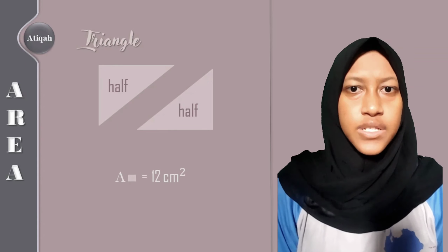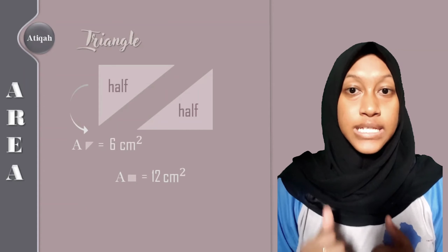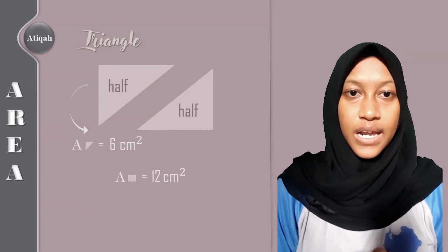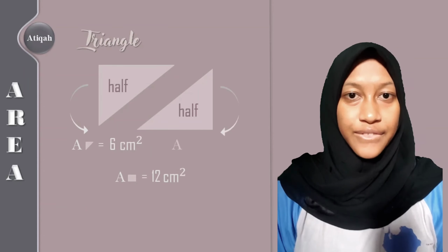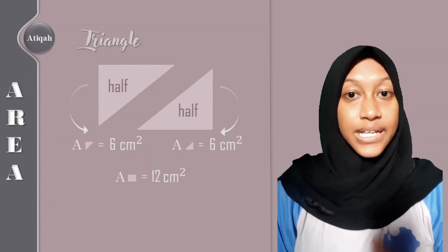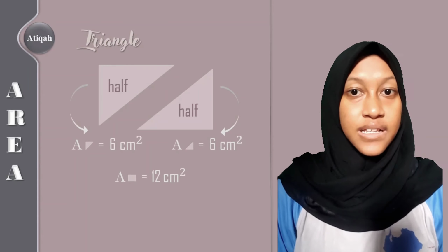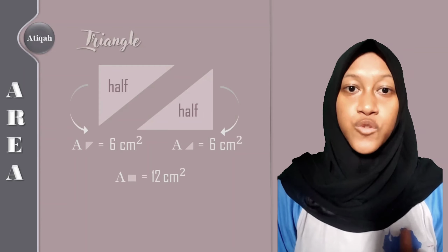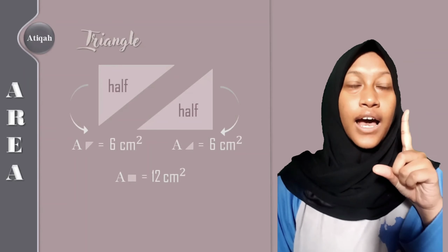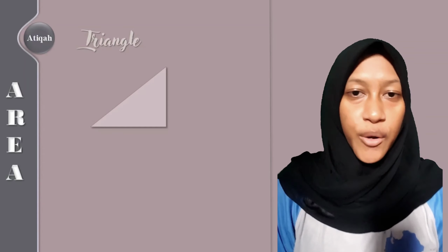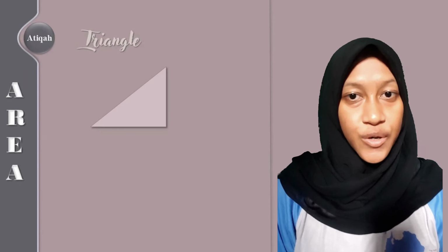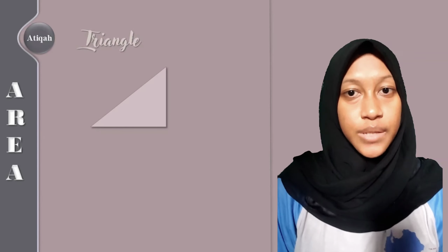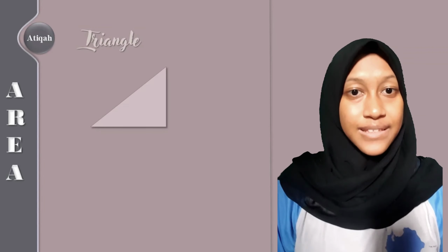So the area of this triangle must be 6 centimeters squared, and the area of this triangle must be 6 centimeters squared, since 6 is half of 12. Aha! So the formula for the area of the triangle should be half of the rectangle.